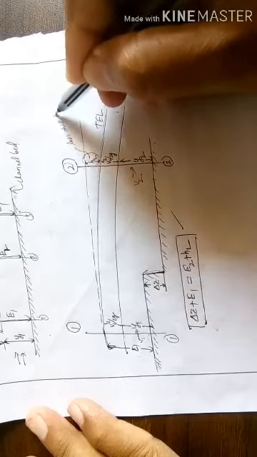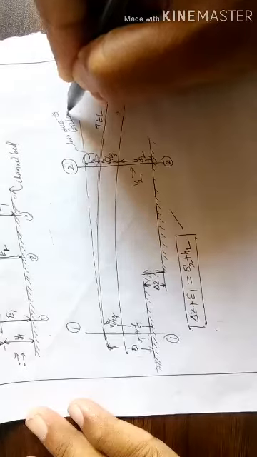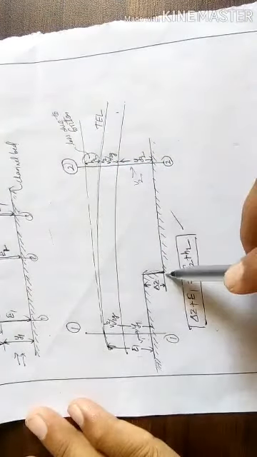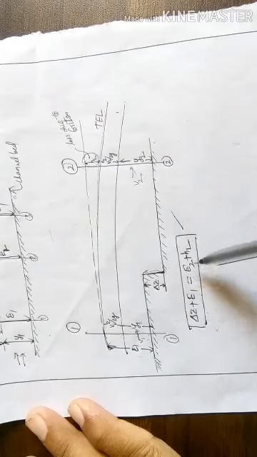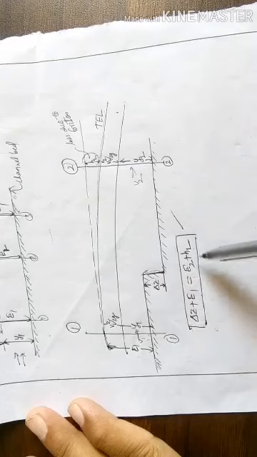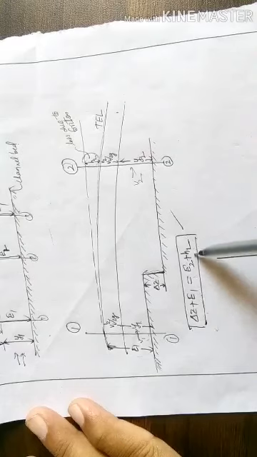Then one can easily write delta Z plus E1 is equal to E2 plus HL.